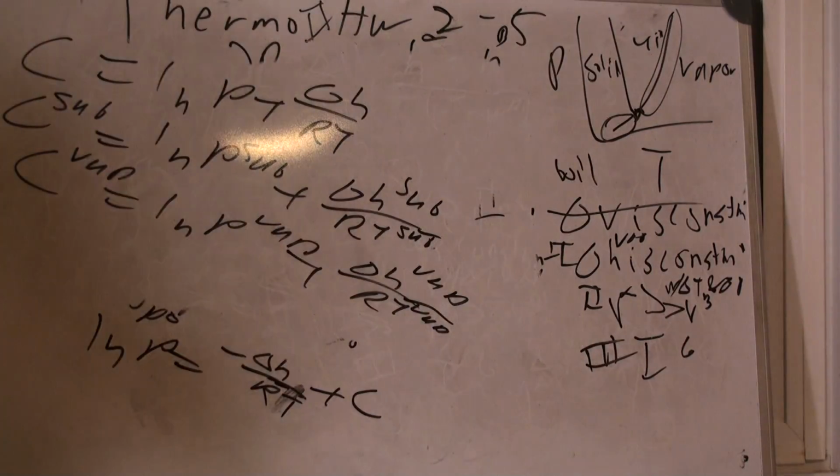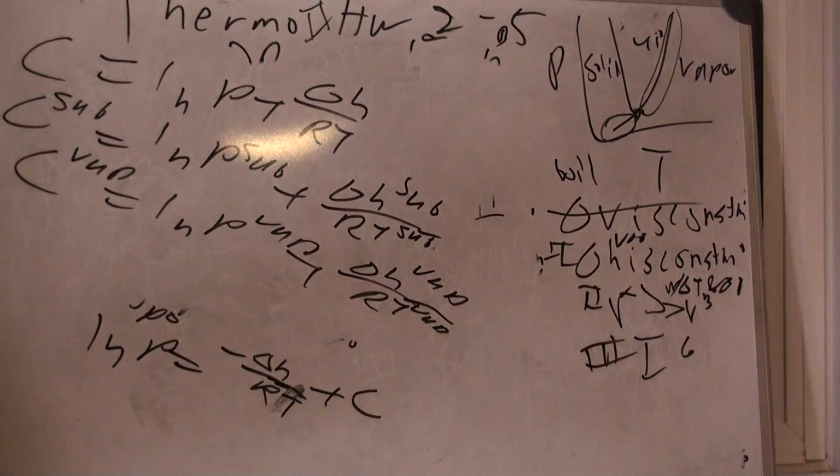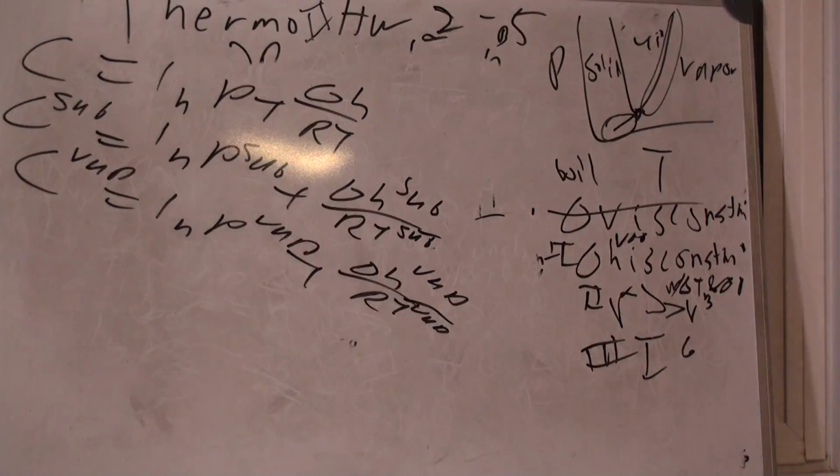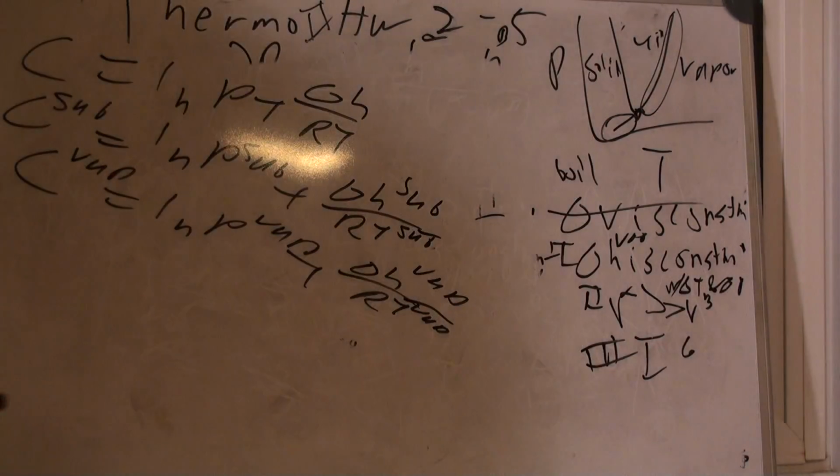At the triple point, I am sublimating and vaporizing at the same time. Meaning, at the triple point, the sublimation pressure is equal to the vaporization pressure, and the boiling point is the same as the sublimation temperature. And so, I can set them equal to each other. Really, it's that equation that I just erased that I want to set equal to each other.